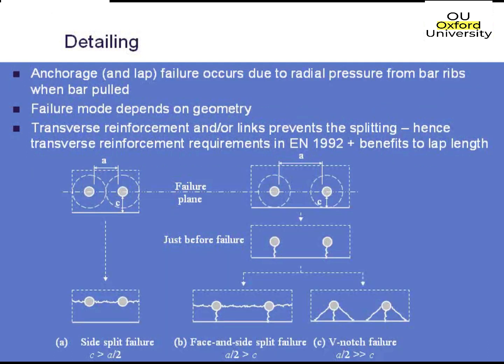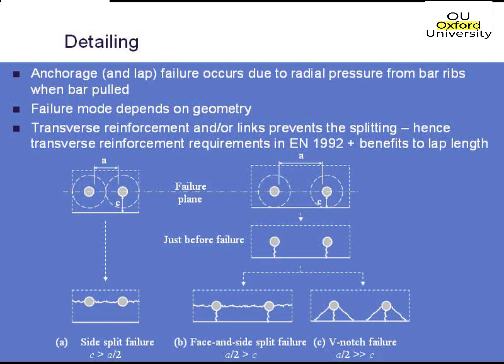Generally speaking, the anchorage failures will take one of 3 different forms, and those forms are illustrated on this slide here. The first is the side split failure, which is the one shown on the left-hand side. Basically, the side split failure will occur if your cover is less than half the clear spacing between your bars, so that C dimension there is bigger than half of A, A divided by 2.